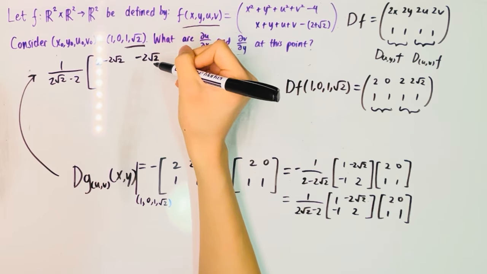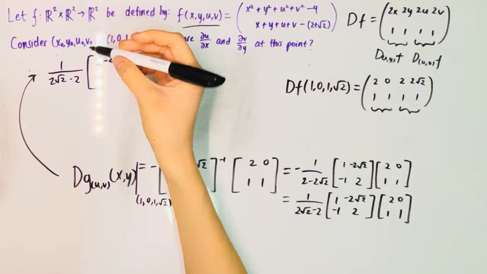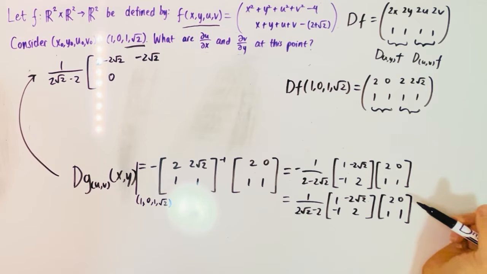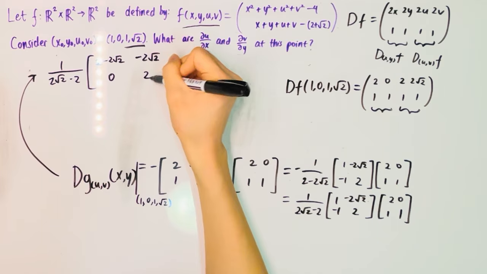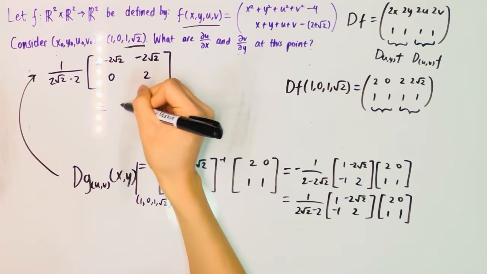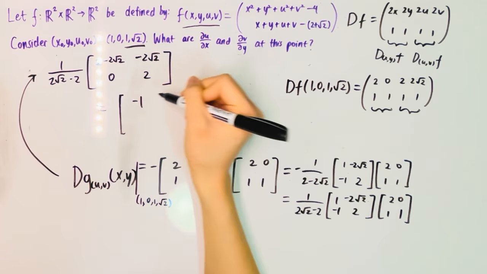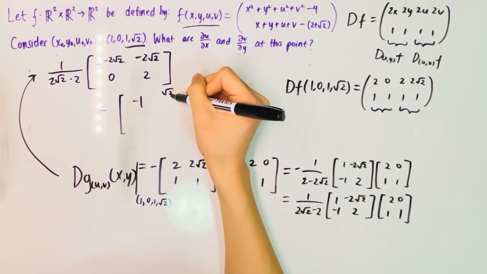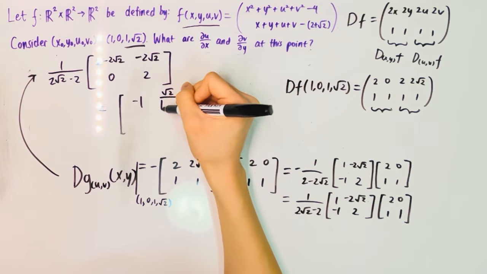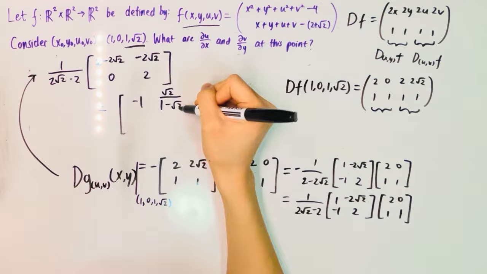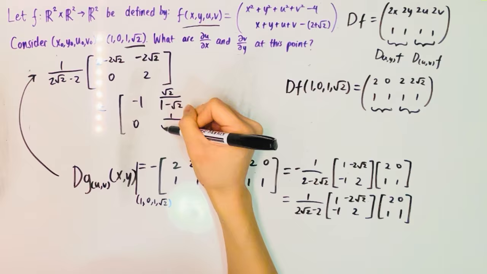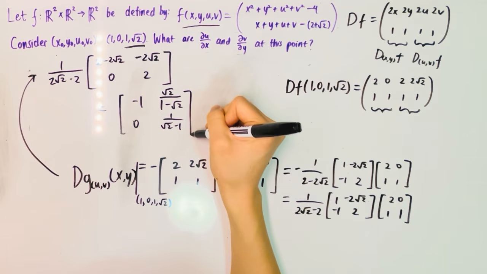Is that right? Yeah, okay. That's going to equal negative 1, square root 2 over 1 minus square root 2, 0, 1 over square root 2 minus 1.